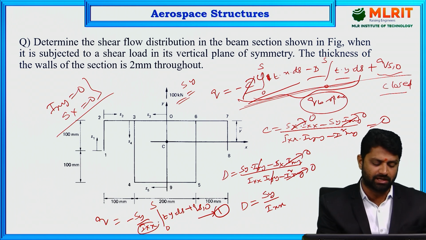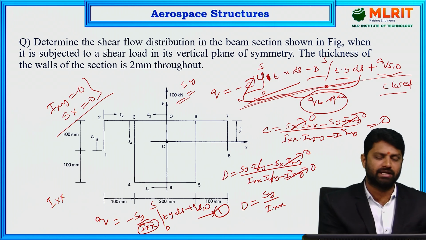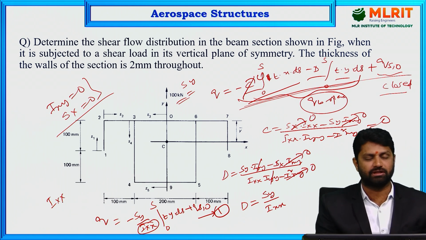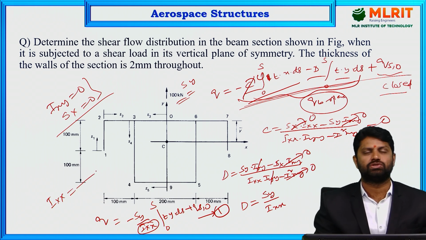Now in this formula, to start with this problem, first of all we have to calculate the moment of inertia Ixx. You have to calculate it for the complete section, that is 1 2 3 4 5 6 7 8, up to 8, considering all the flanges and the web, and then find the moment of inertia about the x-axis.